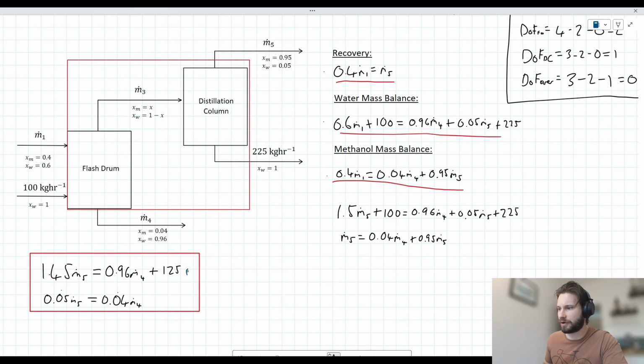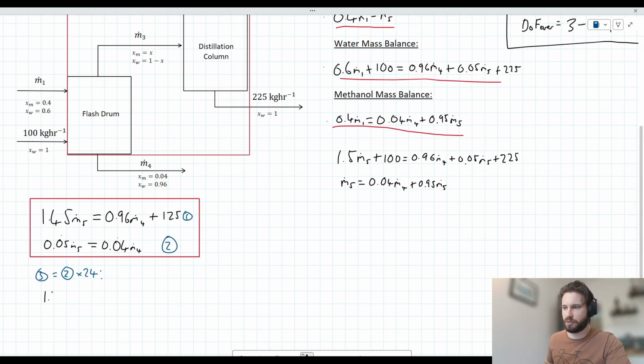I'm just going to label up our equations here. So let's call this equation 1, let's call this equation 2, and let's say equation 3 is equal to equation 2 times 24. And so we can say 1.2 m5 is equal to 0.96 m4. I'm then going to subtract this equation 3 from our first equation here.